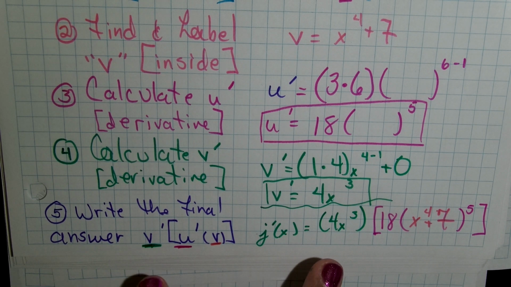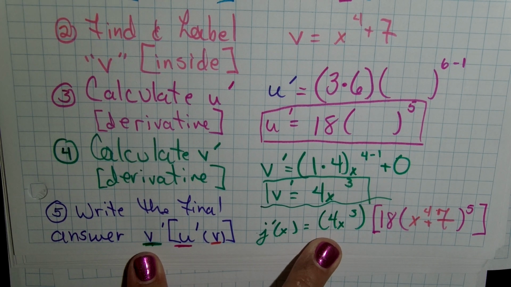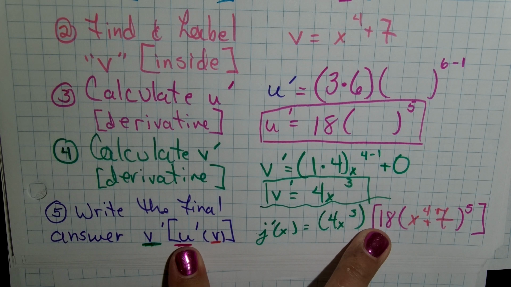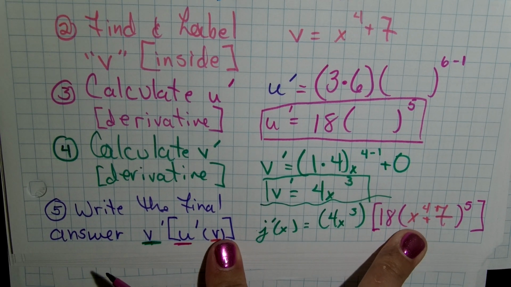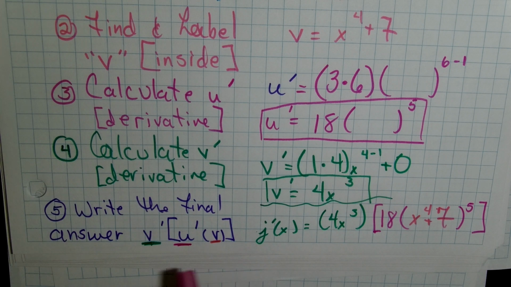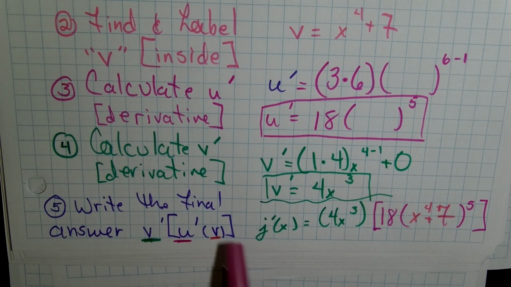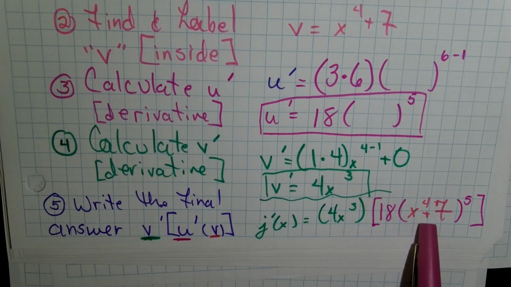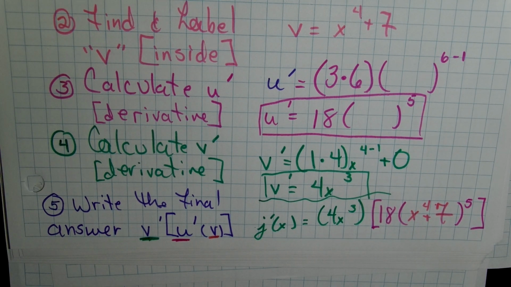So you see I put v prime, which is green, a magenta u prime, and a pink v. So it's going to be derivative, original. Derivative, original. Derivative, original. When you're done copying that down, take out your do now and flip over. We have examples.